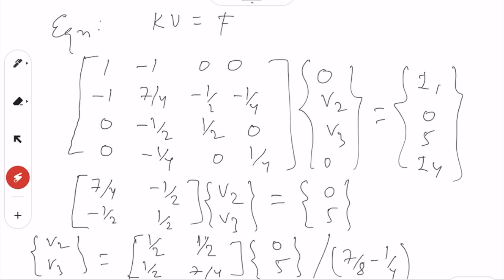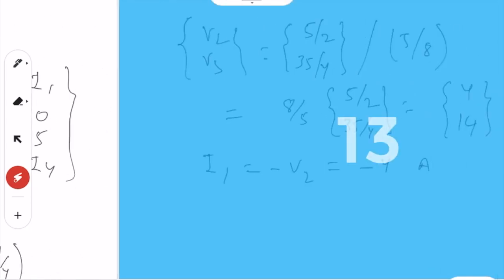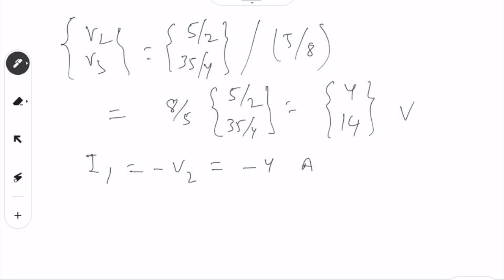I4 equal to minus V2 over 4. So minus V2, which is 4, divided by 4, equal to minus 1 ampere. So I1 equal to minus 4 ampere and I4 equal to minus 1 ampere.